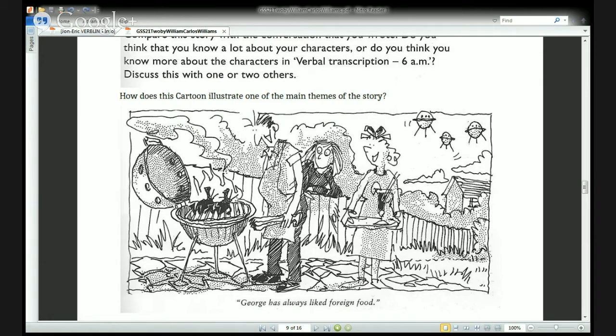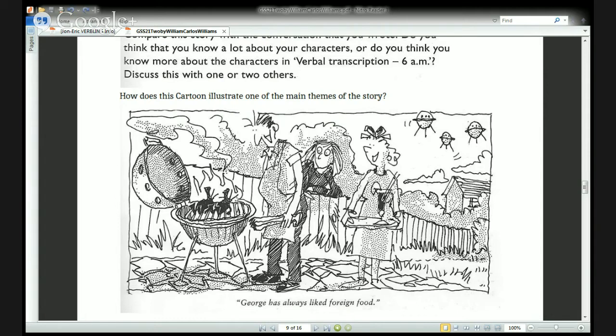Absolutely. So here's the question, guys. How does this cartoon illustrate one of the main themes of Verbal Transcription? You have to be creative now. What happened in Verbal Transcription? Verbal Transcription is not about aliens. Maybe, what happened in the story? Do you remember some details?